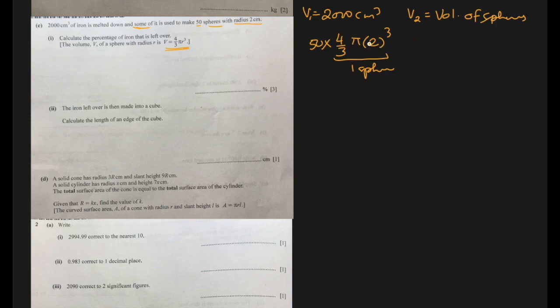It will be how much? 8 times 50, 400, 1600. That is 1600 pi over 3. This will be the volume of 50 spheres. If I convert it to decimals, how much do I get?